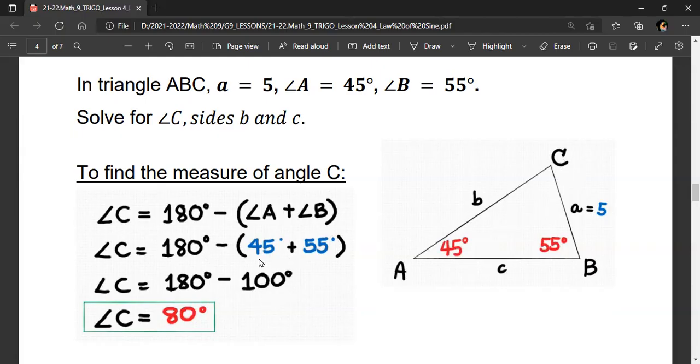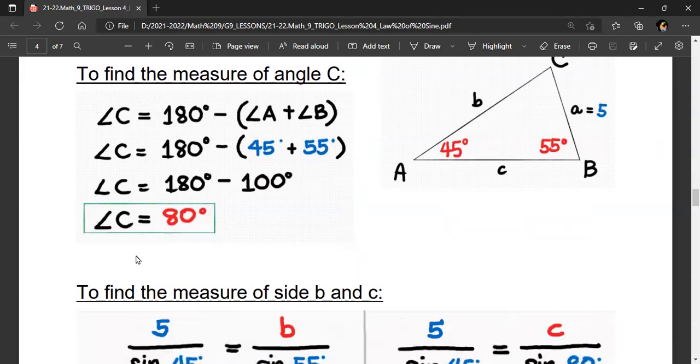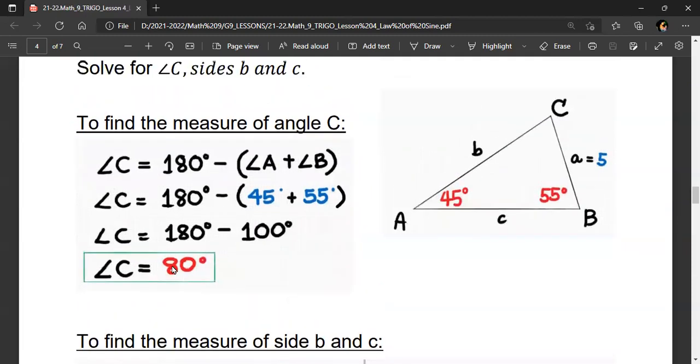And that 100 must be deducted from 180 because the three interior angles of a triangle sum up to 180. Therefore, 180 minus the two given angles would be angle C. So we now have angle C, which is equal to 80 degrees.